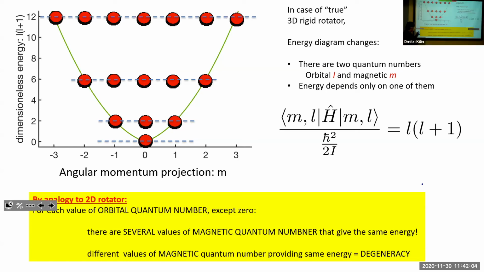If we take into account 3-dimensional rotation, which means we allow this object to change the plane of rotation, then there will be not one magnetic quantum number, but two quantum numbers. L, which will control the total value of angular momentum, and then M. So the eigenstates will be parameterized by two quantum numbers.